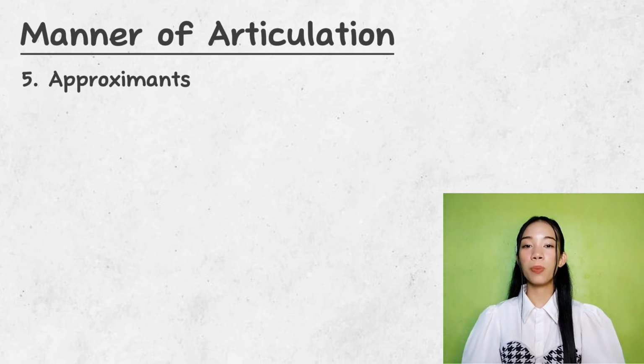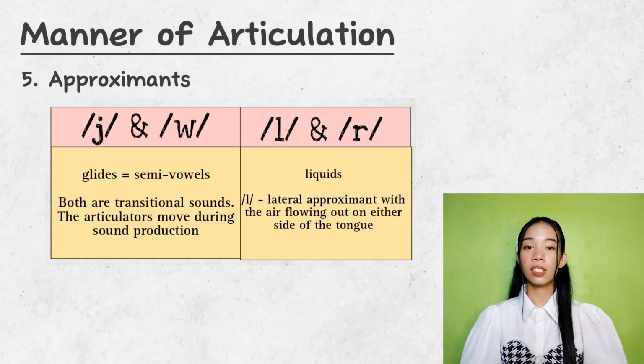Now, because this group is a bit special and there are subgroups within approximants, I've created this little table for you to help you. Y and w are both approximants. That's true, but they are also often called glides or semi-vowels. So you will see those terms being used and they also share something in common.